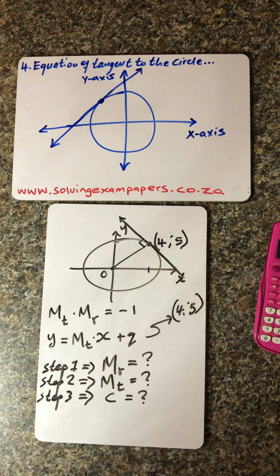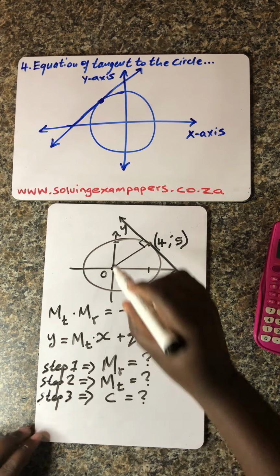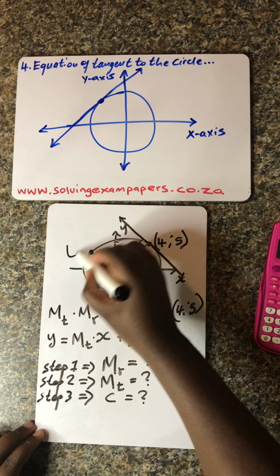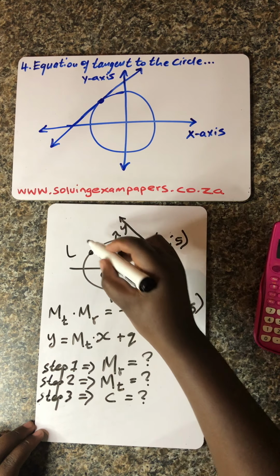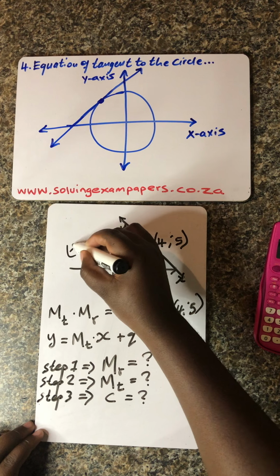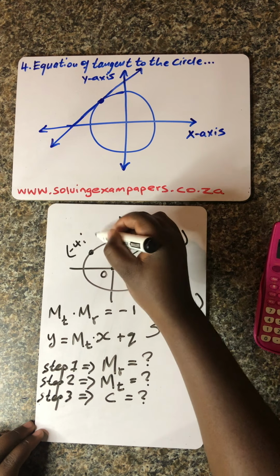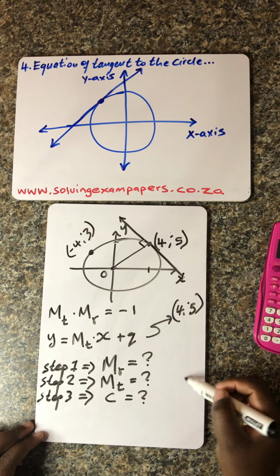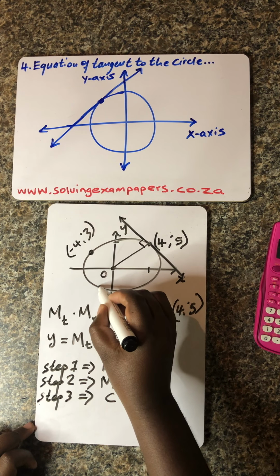Ladies and gentlemen, it's as easy as that. Let me also give you another point as part of your homework. Let's say this is -4, and that y value is 3. Another point again there.